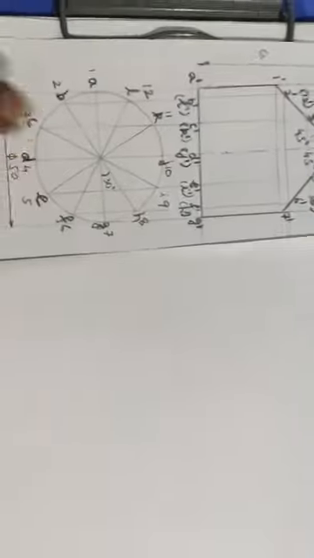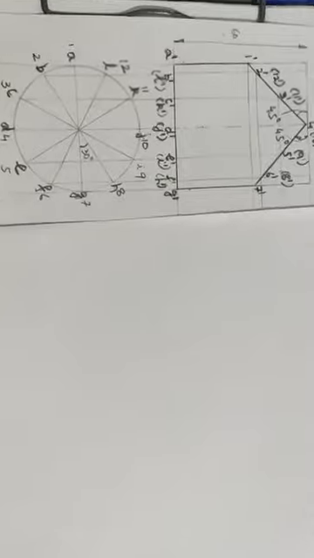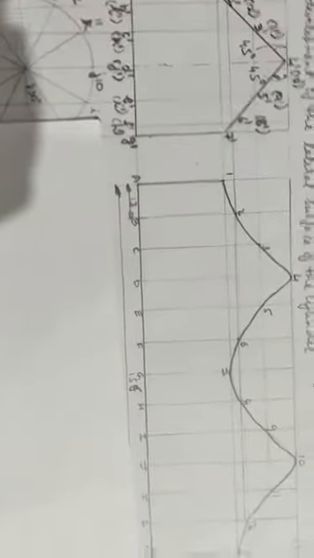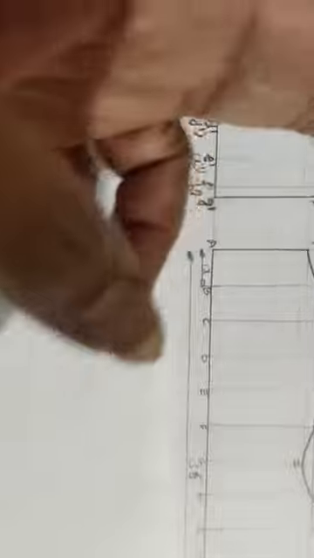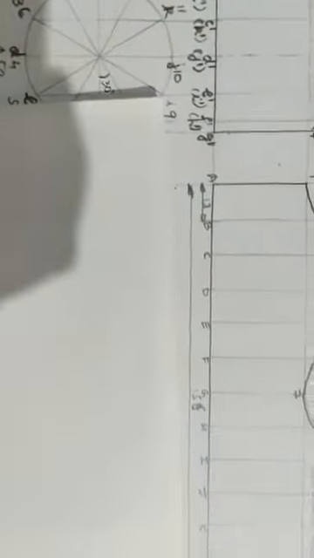Now when I cut open a cylinder, I have to first draw the undeveloped view. The height is given as 60 mm, I know that length, but how much should this length be when I cut open the cylinder? Let us do some calculations.